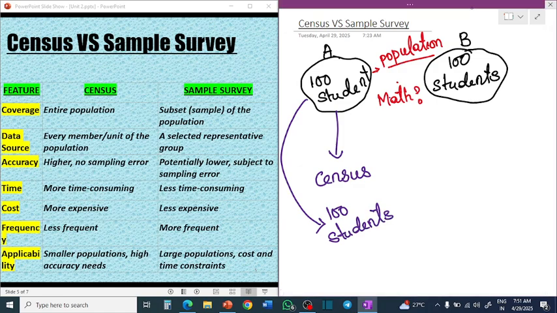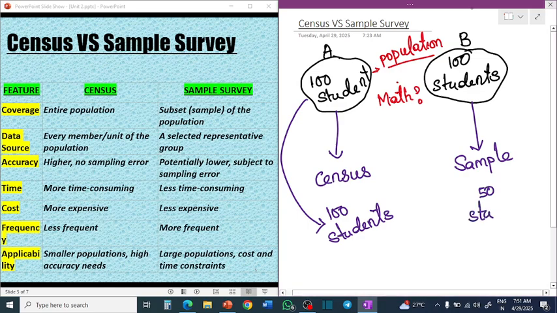And in class B, you are told that you have to collect a sample, and from there you collect your data. While collecting a sample, you will not select all 100 students. Suppose for your study, out of 100 students, you have selected 50 students and from them you collect data.